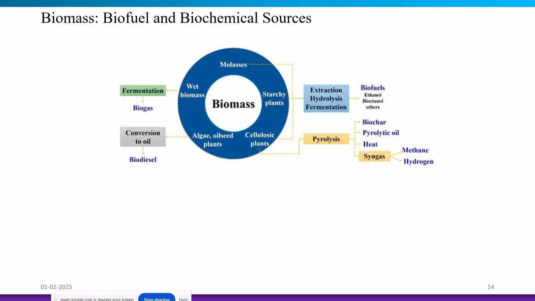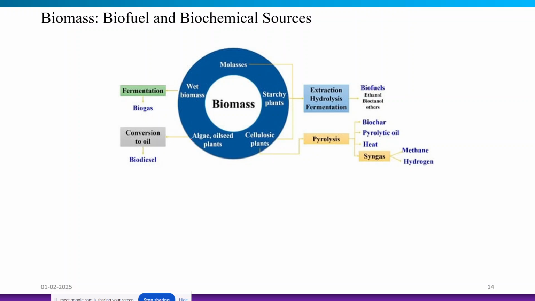When you are considering biomass as a biofuel and biochemical source, here you can see by this figure biomass such as molasses, wet biomass, algae or oil seed plants, cellulosic plants, and starch-containing plants. There are many routes for the production of various biofuels in gaseous, solid, and liquid form. Suppose you consider wet biomass: from its fermentation you will produce biogas.